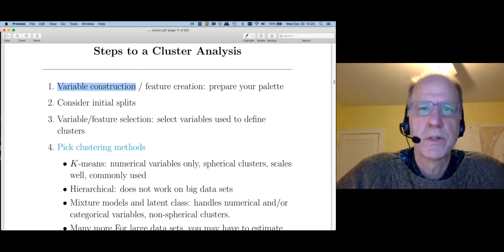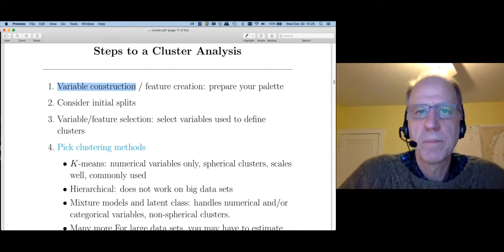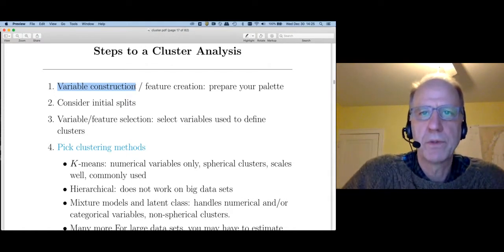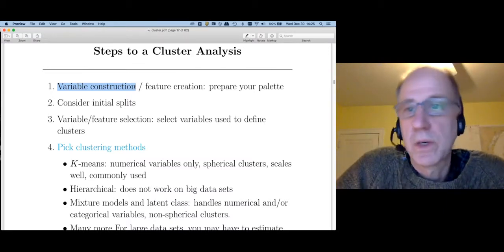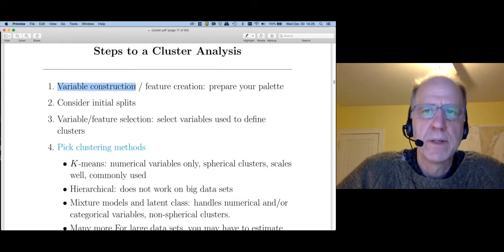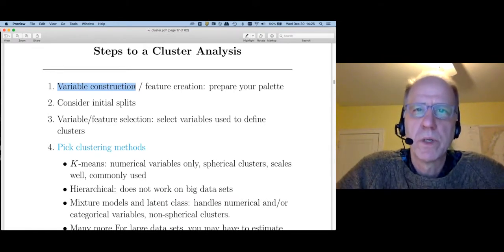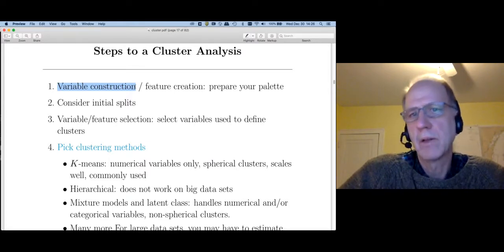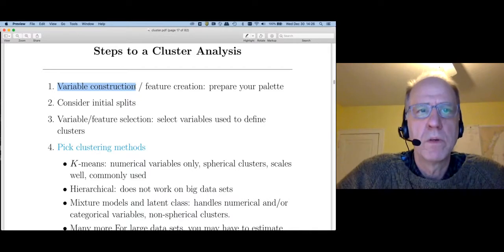So creating a cluster solution is kind of like making a painting, and before you can make that painting, you have to squeeze different colors onto your palette before you can start doing the painting. Now, I really like this analogy because if you think about painting, and let's say I squirted a lot of green and yellow paint out on my palette and I used green and yellow, you know what?